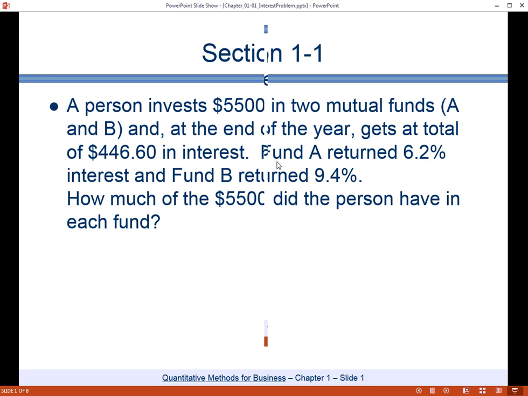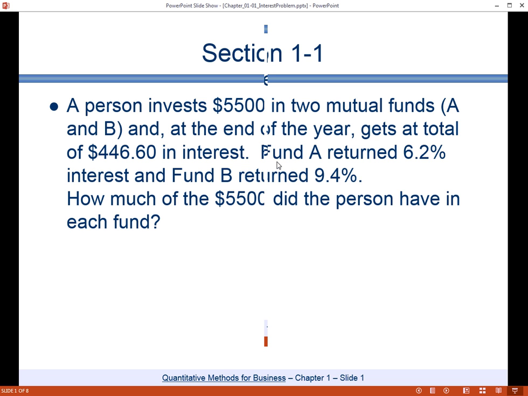description of the problem. A person invests $5,500 in two mutual funds. We'll just call them Fund A and B. And at the end of the year, gets a total of $446.60 in interest. Fund A for the year returned 6.2%, and Fund B returned 9.4%. Those are both interest rates.